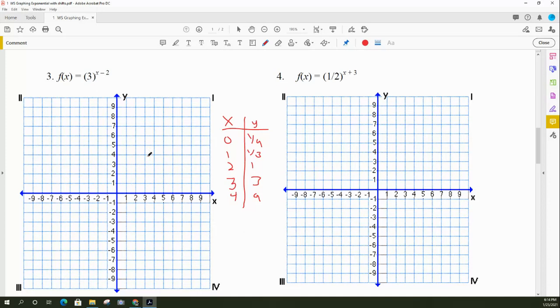And so our horizontal asymptote, in this case, there is no k, so that means it's 0. So our horizontal asymptote is 0. So just the x-axis. And then we plot these points, shifted 2 spots to the right.